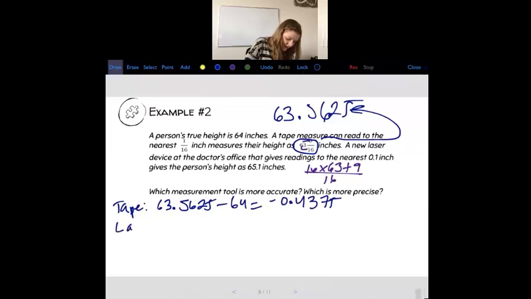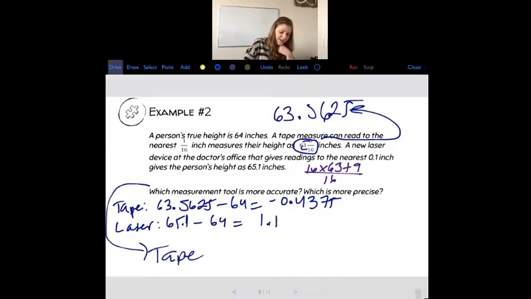And then the laser is 65.1 minus 64, which is an error of 1.1. Okay, so in this case, the tape measure is closer. I know that that's a negative number. You can also think of it in terms of distance from the true value. That 63.5625 is closer to 64 than 65.1 is. So in terms of accuracy, the tape measure is more accurate.